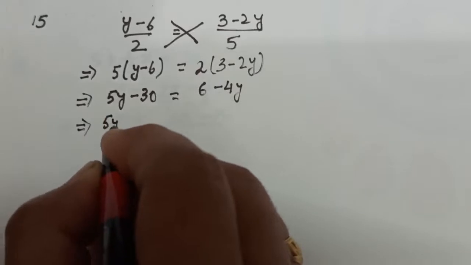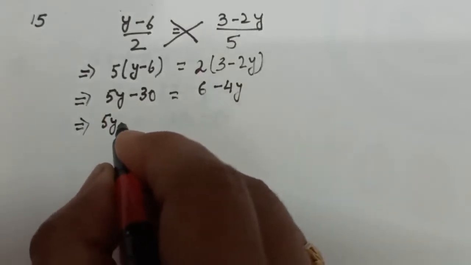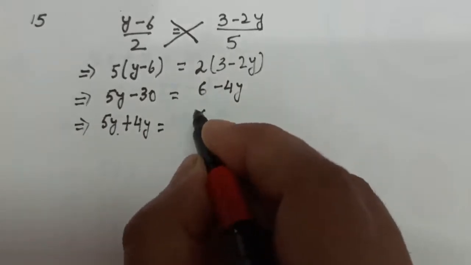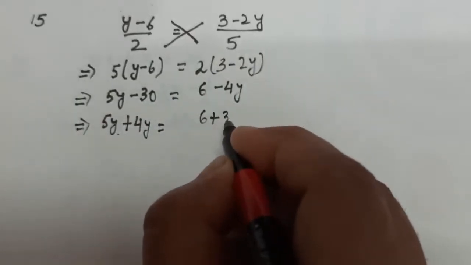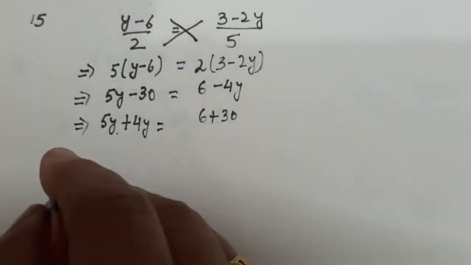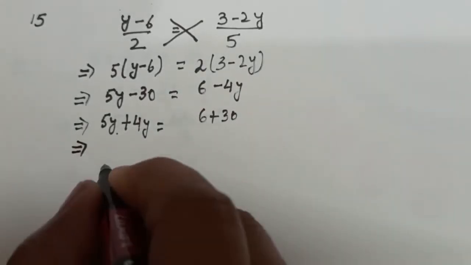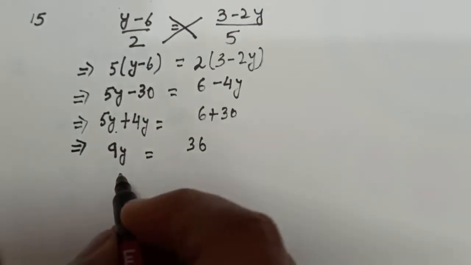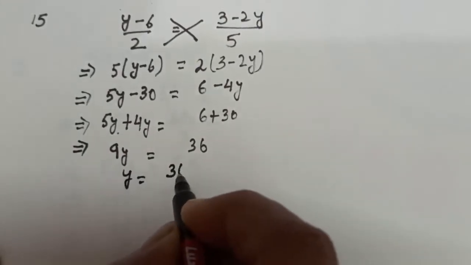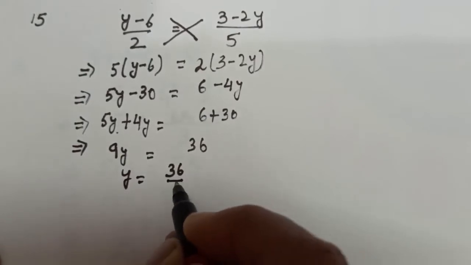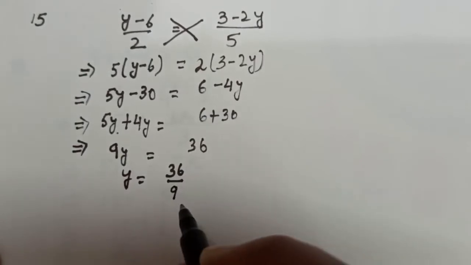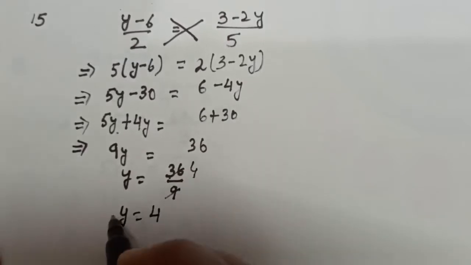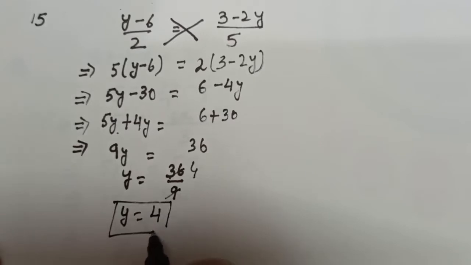So 5y and this 4y shift as plus 4y here. Alright, and 6 and minus 30 will become plus 30 on this side. So 5y plus 4y is 9y is equal to 36, and the 9 will come below the 36 here. So 36 on 9, y is equal to 4. So y is equal to 4 is the answer.